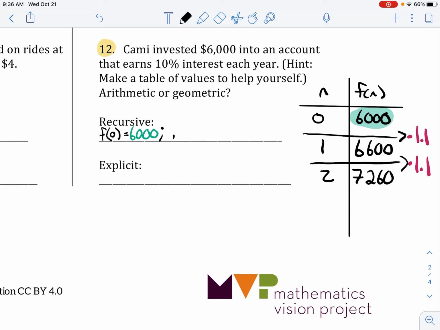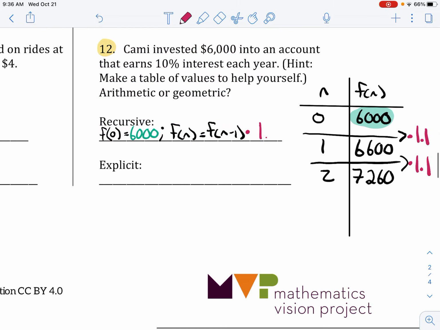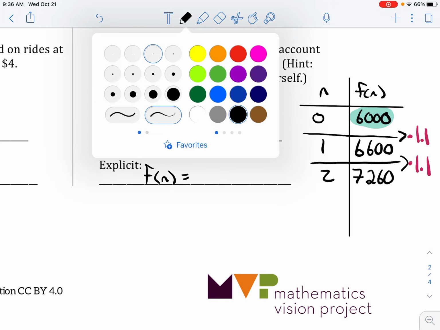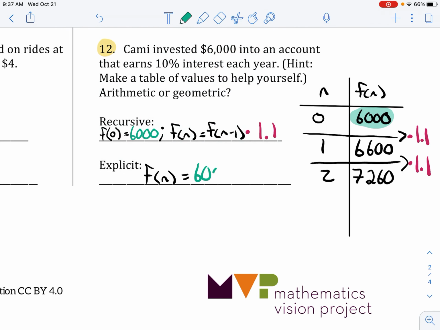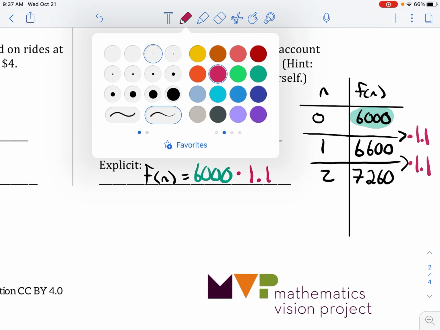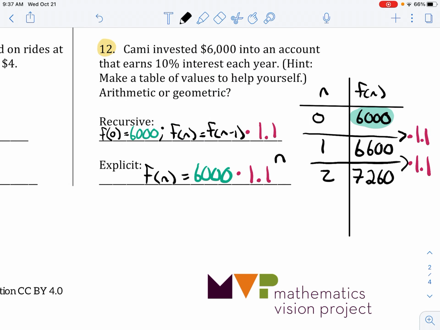Our recursive equation, f of n equals f of n minus 1, and our action is to multiply by 1.1. Our explicit equation is f of n equals our start value of 6,000, and you're multiplying it by 1.1 n times. The reason it's n times is because we started with term 0, so we don't have to change our n value.